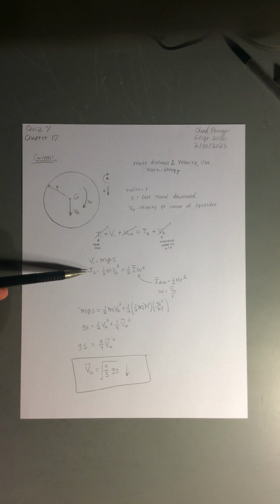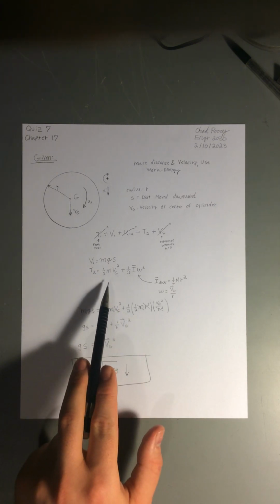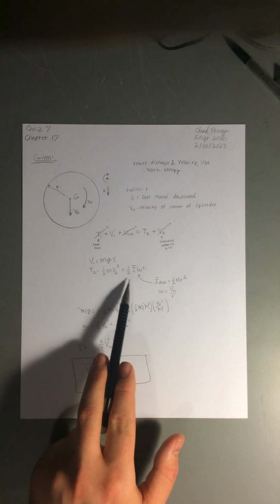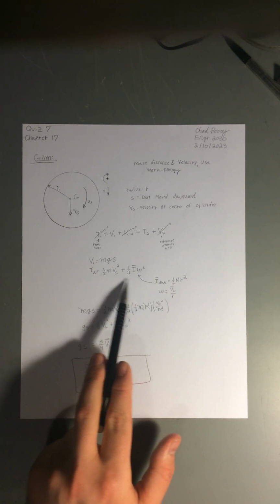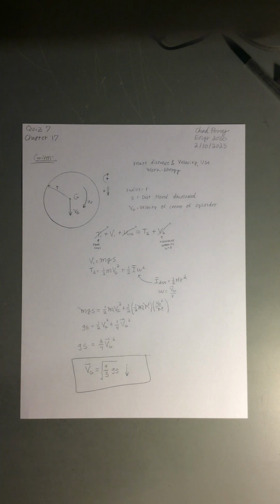Then for our kinetic energy here, we have two terms. We have our translational term and our rotational term, and this part is what's new to chapter 17 since we're looking at rigid bodies.